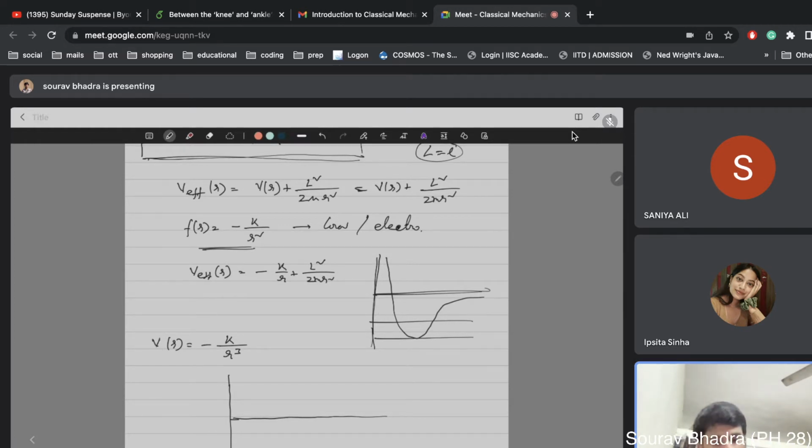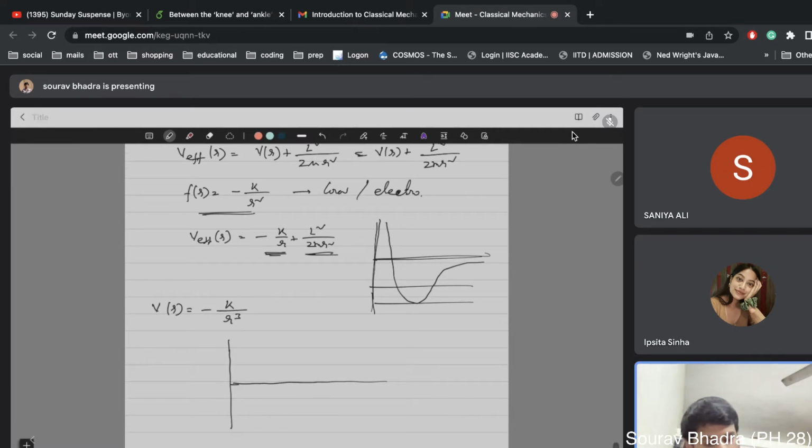The potential is minus k by r cube. Whether here the potential was minus k by r, that is only the potential part, not the angular momentum part, which is the second part. So this part is always there. So from Vr minus k by r cube, if you calculate V effective, that part is always there, L square by 2 m r square.